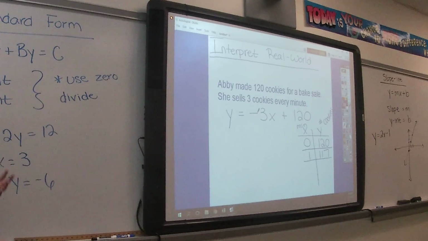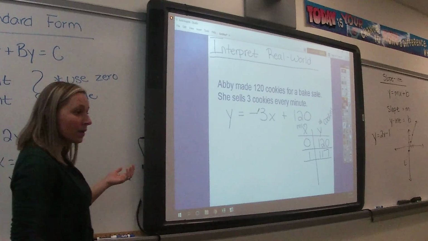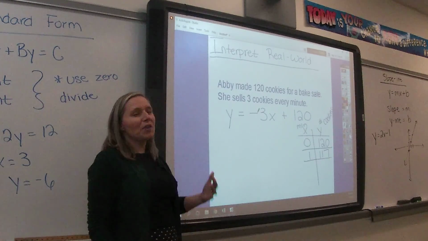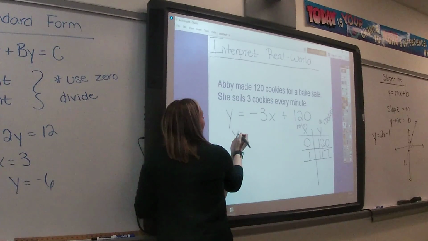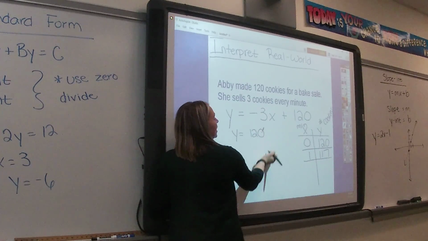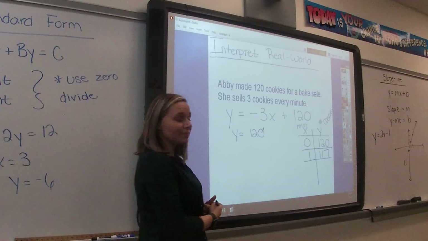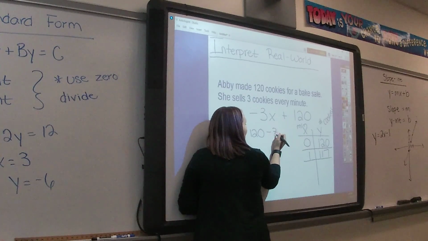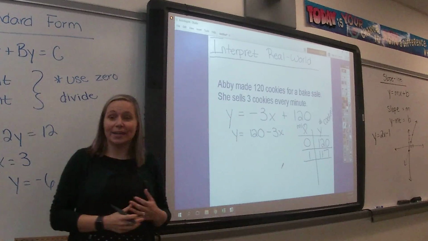But the total number of cookies that Abby has is decreasing every time she sells them. So you might think about this as the 120 cookies that she had minus the 3 cookies that she's selling each minute.